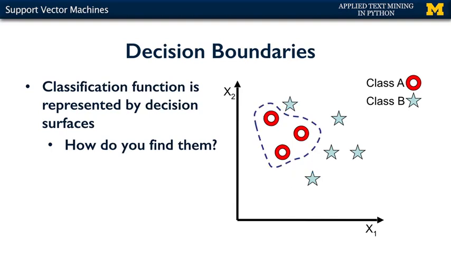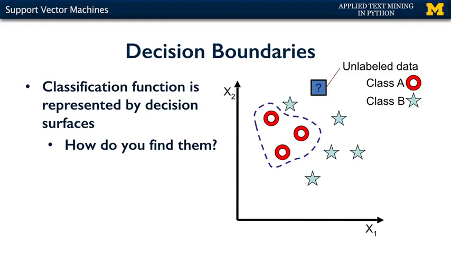In this case, let's take the shape of a heart. A classification function is represented by this decision surface or decision boundary. The choice of what shape you should use is completely dependent on the application. If you think that points in this two-dimensional space are well represented using a circle, you'd use that.